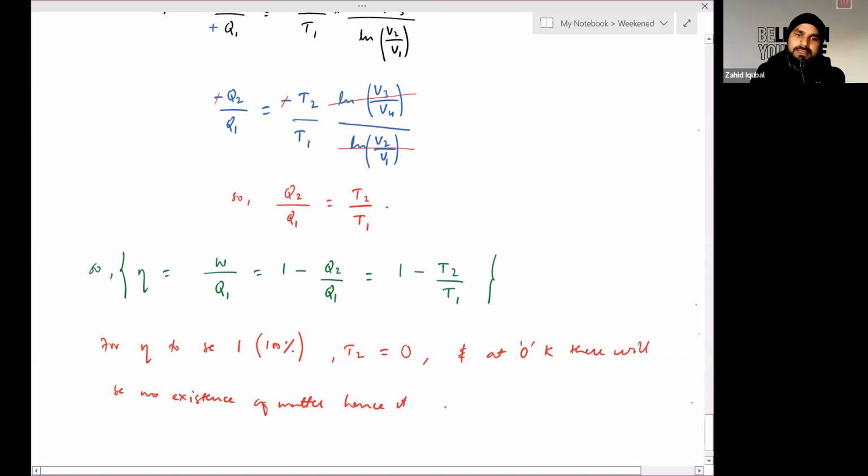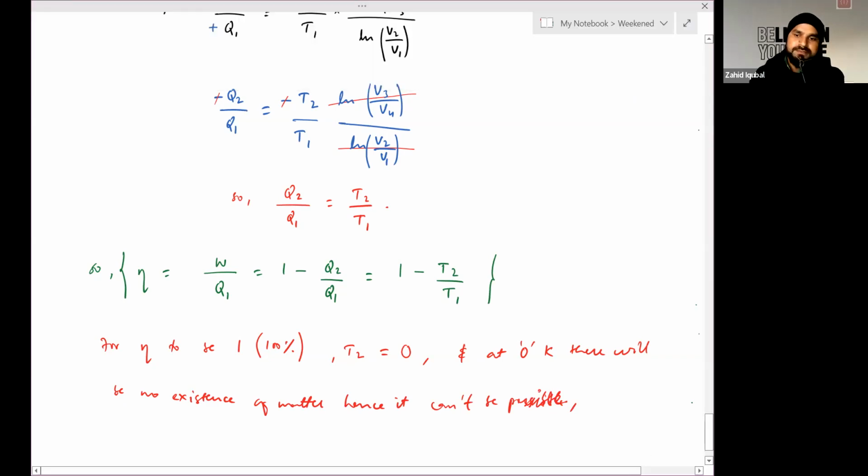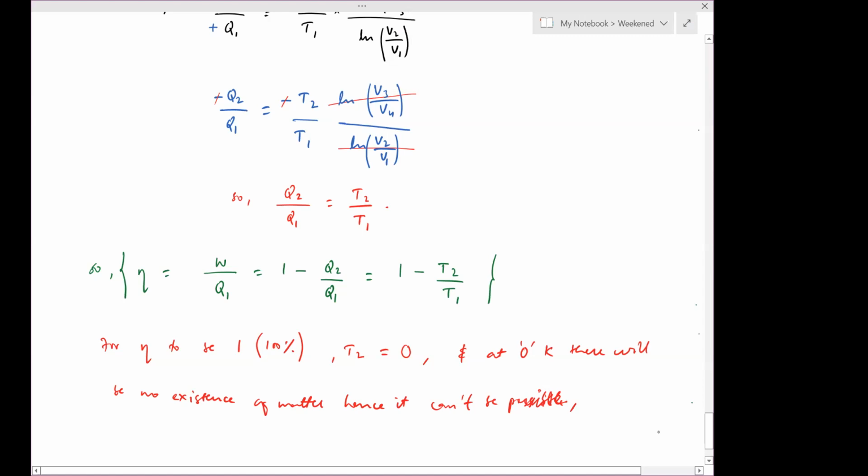Hence, it can't be possible. So eta can never equal 1. Mehreen, any doubt? Yes, sir. Okay, just write it down.